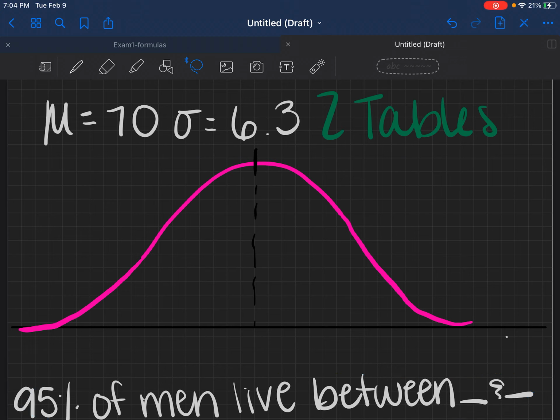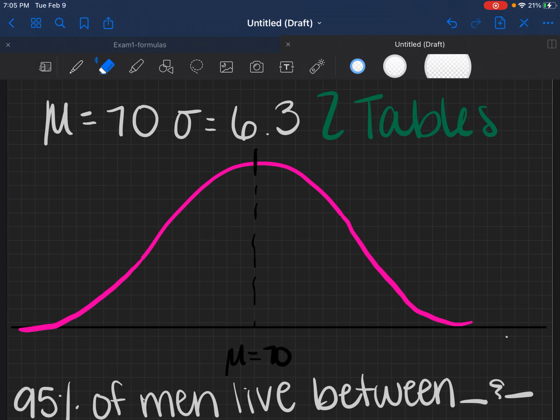Okay. So for this particular question, it's asking us what percentage of men live between, 95% of men live between the years of blank and blank. So basically what it's asking is to find the middle 95% of men's ages.